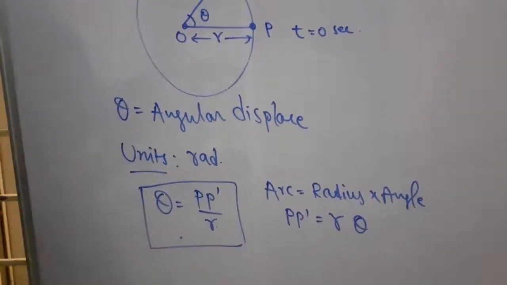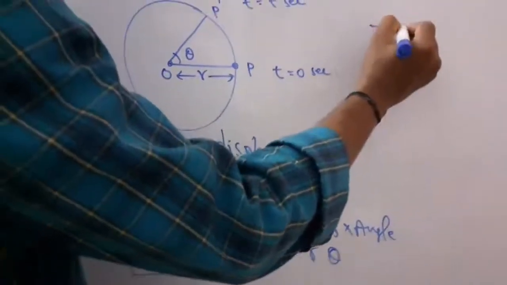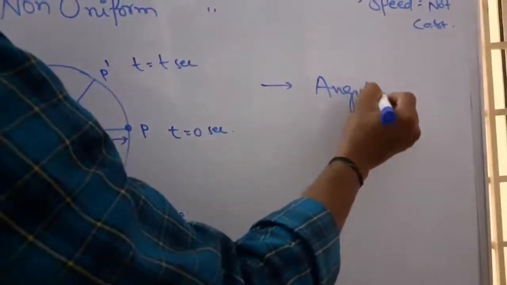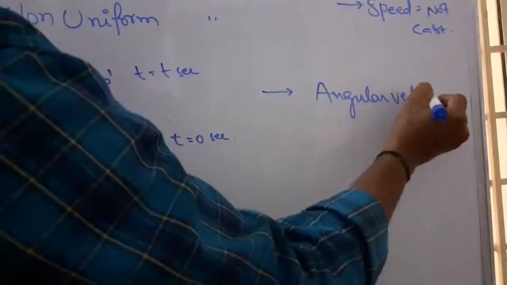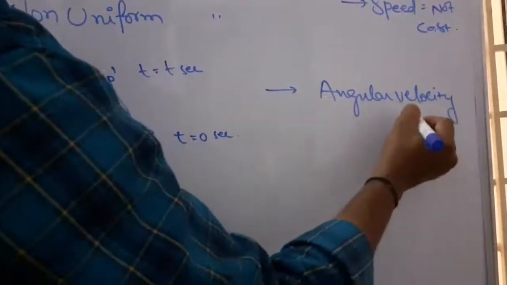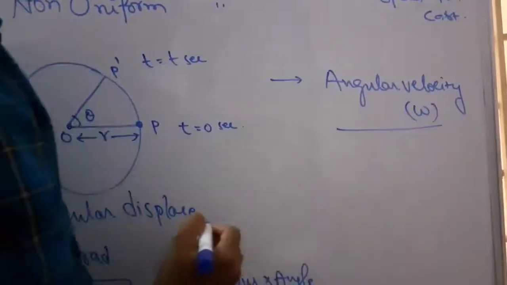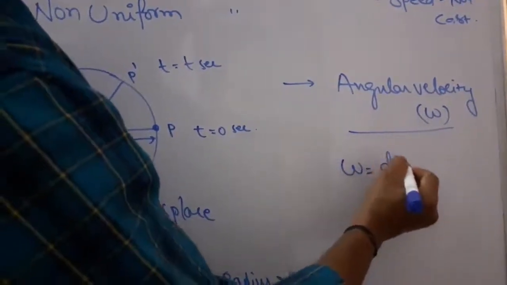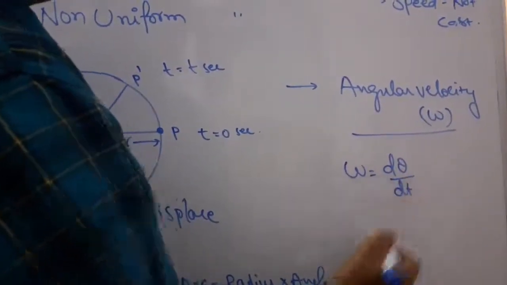Angular velocity is nothing but angular displacement by time, or the rate of change of angular displacement, so d theta divided by dt.